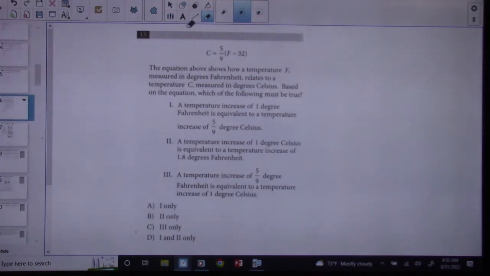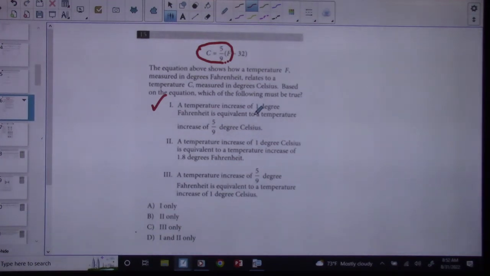Okay, what you have here, it says statement 1, a temperature increase of 1 degree Fahrenheit is equivalent to a temperature increase of 5/9 degrees Celsius. Well, if you just boil this down and look at it, this statement is 100% correct, because if you increase Fahrenheit by 1, in fact, that's the definition of slope.